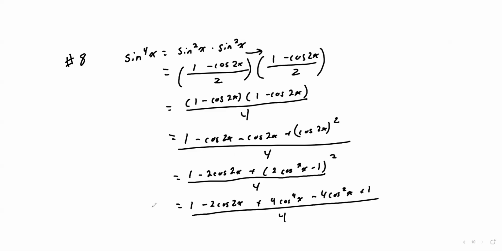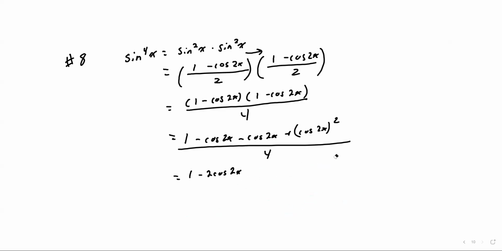Okay, that's definitely an easier process because we're going to have to repeat this 4 or 5 times before we get to that point. So let's not go too far back, but we'll go right here, and this will be 1 minus 2 cosine 2x, and we'll keep this as cosine squared 2x, divided by 4.